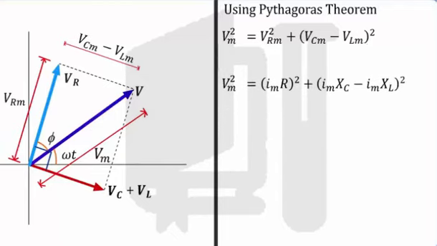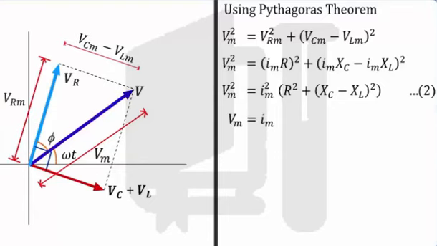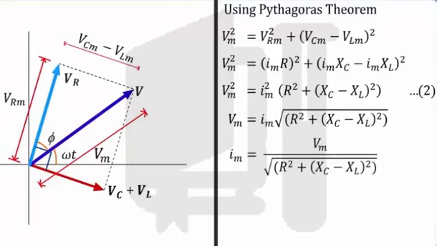Vm square is equal to Im square into (R square plus (XC minus XL) square). Let this be equation 2. Or we have Vm equal to Im into under root of R square plus (XC minus XL) square. Now, we have Im equal to Vm by under root of R square plus (XC minus XL) square, which is equal to Vm by Z. Let this be equation 3.